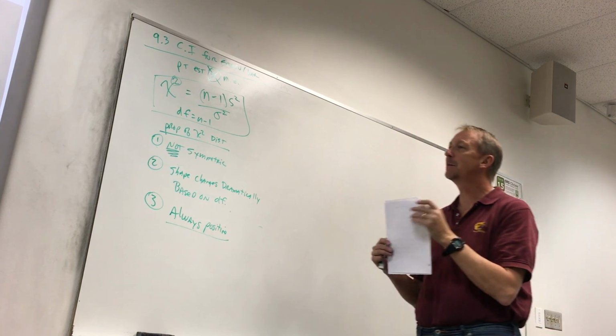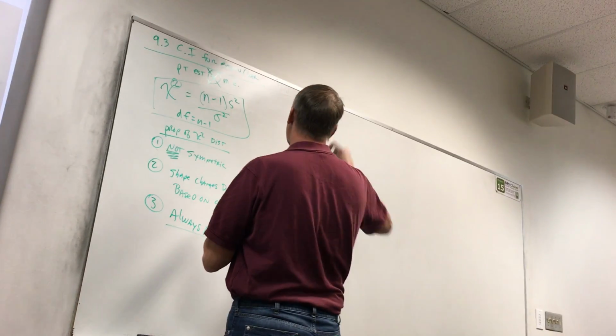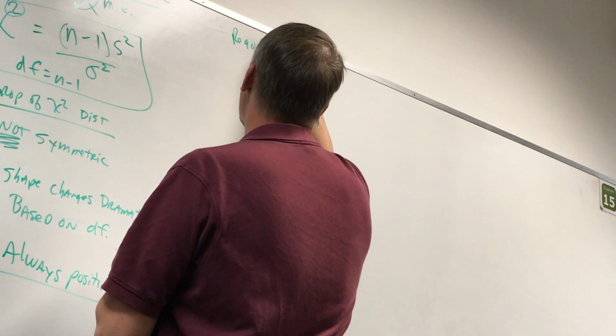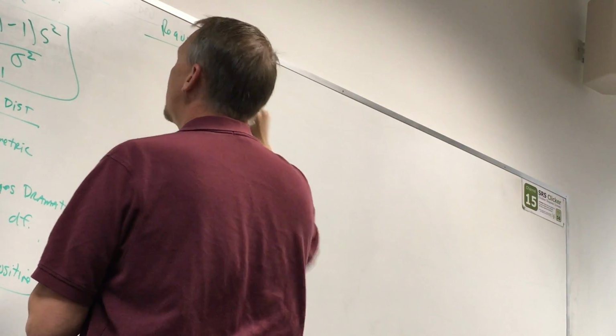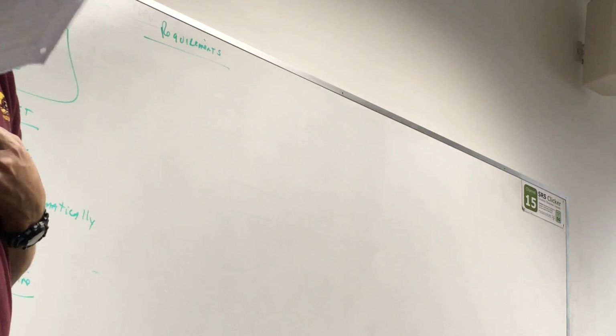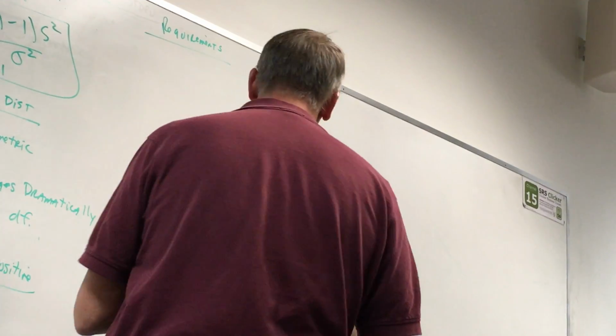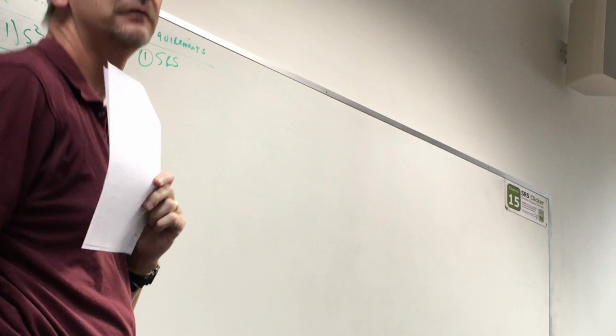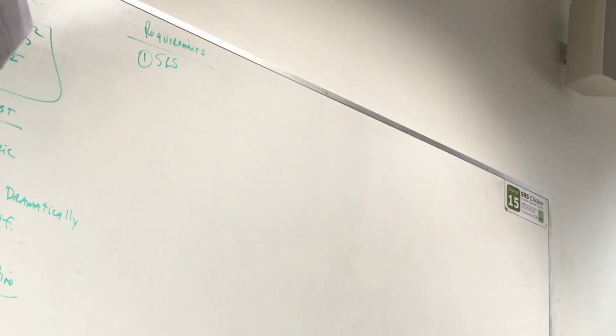All right, so let's talk a little bit about the requirements. So just like your other confidence intervals, in order to do a confidence interval for the standard deviation or the variance, the requirements are, number one, it needs to come from a simple random sample, just like all the others.